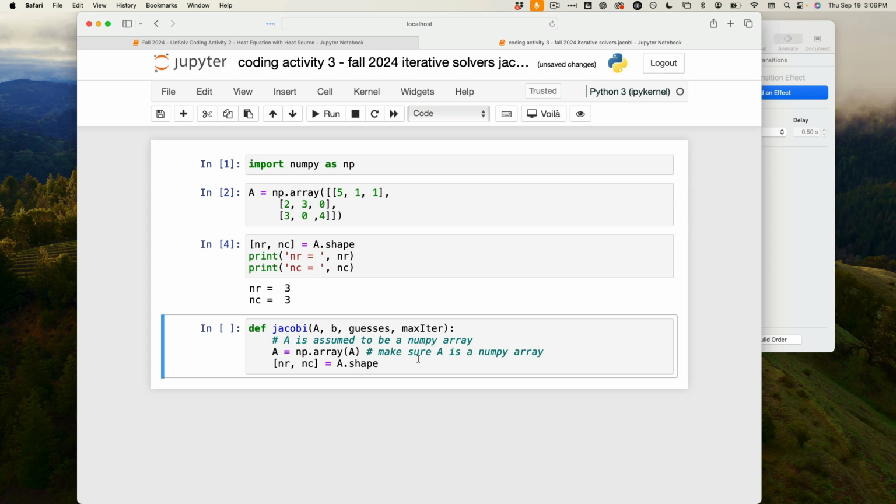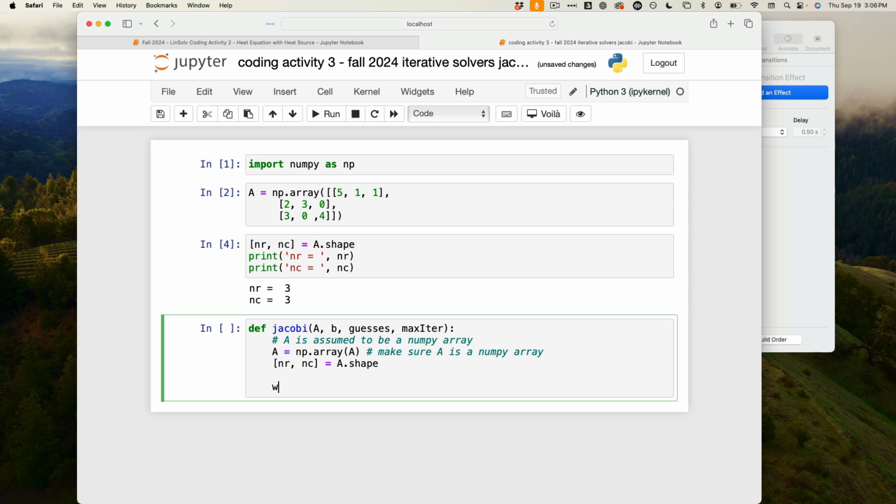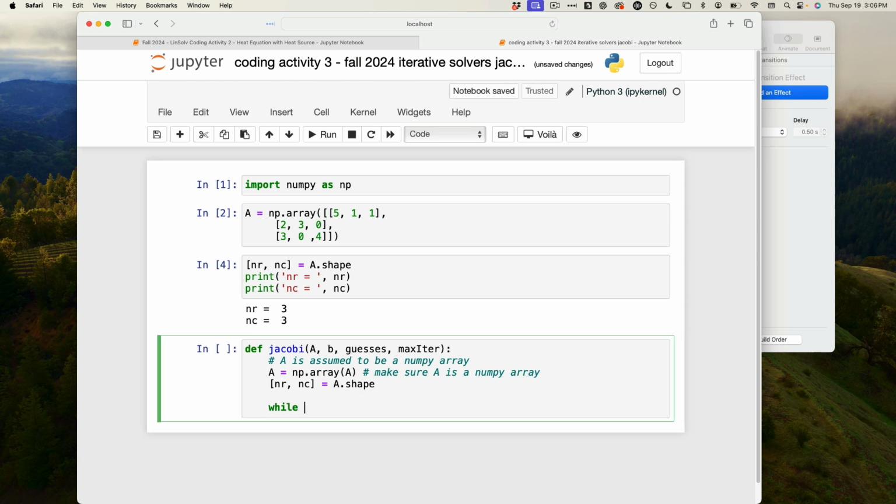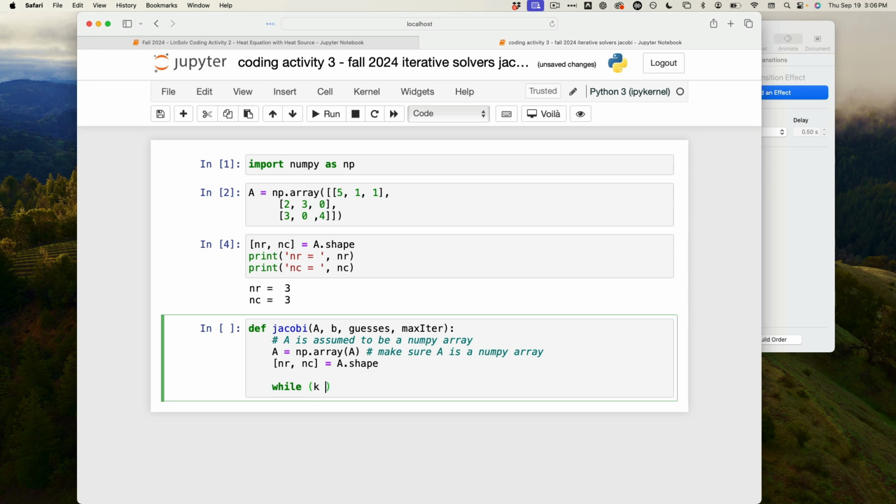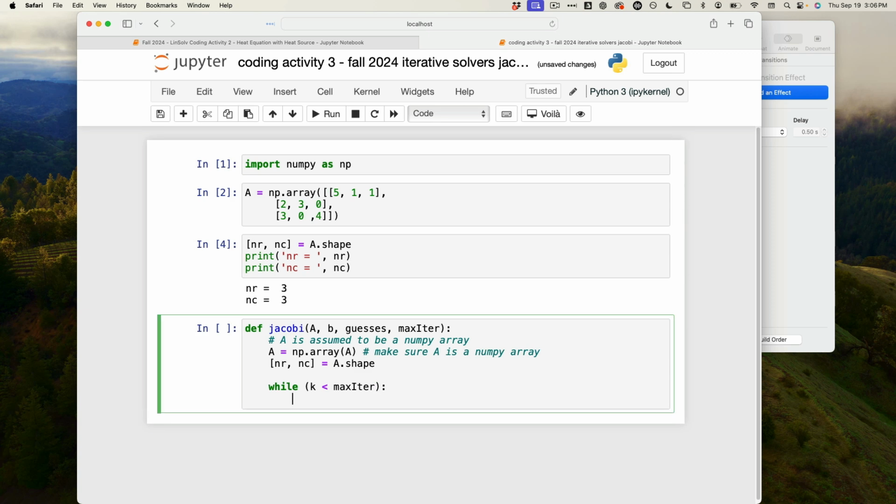My thinking here, I don't know what I'm going to put here yet, but I'm going to say that while k is less than max iter, or less than or equal, whatever, less than. So where do I get k from? I need to declare an iteration counter. I say k is equal to 0.